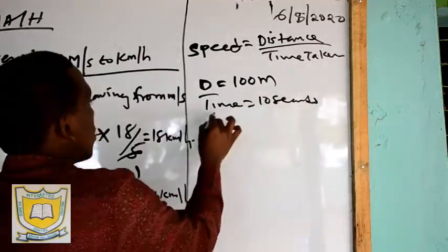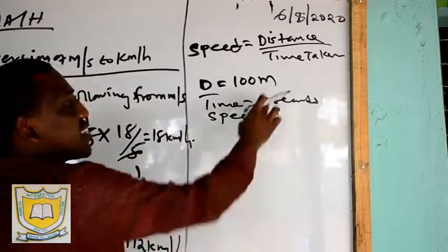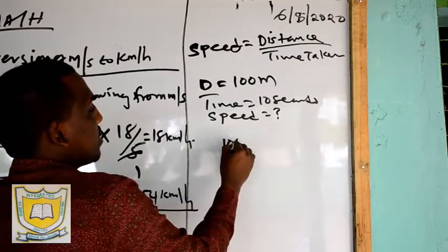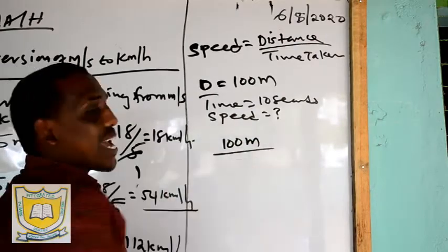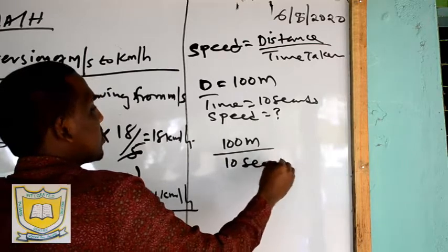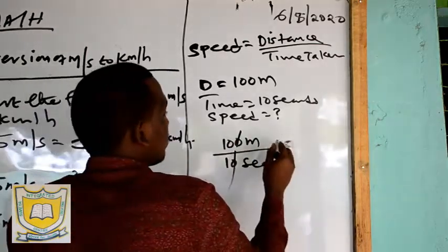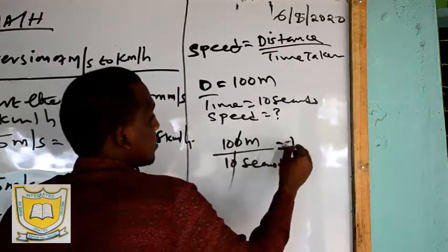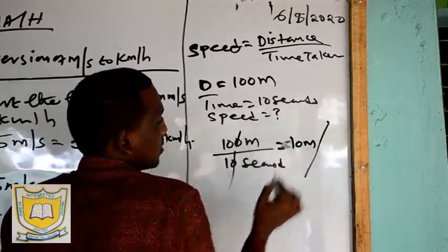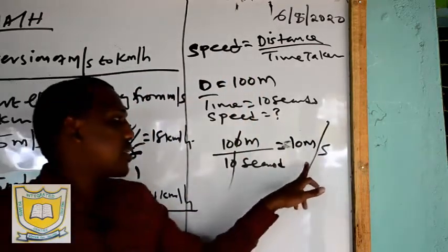So the question is asking now for speed. Speed is equal to the distance, which is 100 meters, over time, which is 10 seconds. So cancel, which is equal to 10 meters per second. So the answer is 10 meters per second.